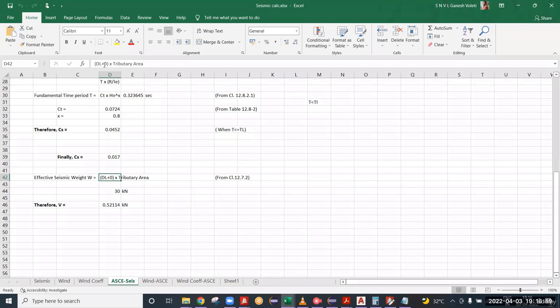Okay, because they did not take any value for live load, so that's why dead load plus 0 into tributary area we have taken. But practically most of the companies do 25% of live load. Dead load plus 25% of live load into tributary area. Tributary area we'll see what is tributary area, width into tributary length. So that is called tributary area.